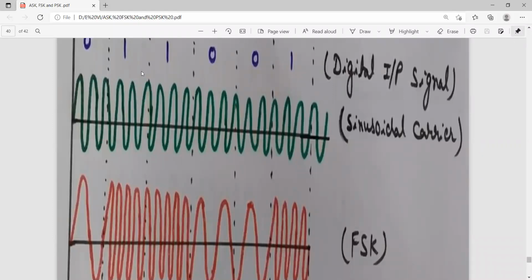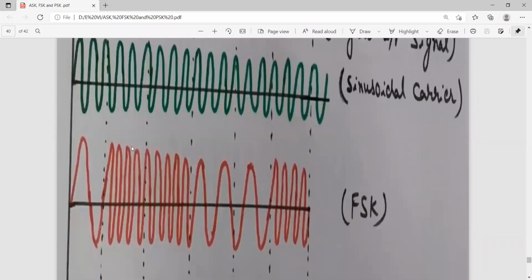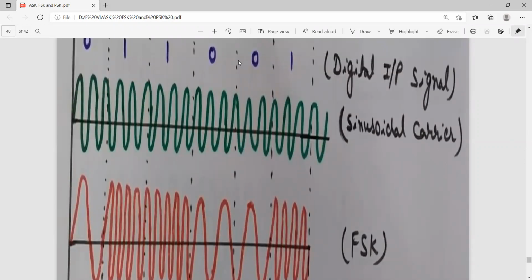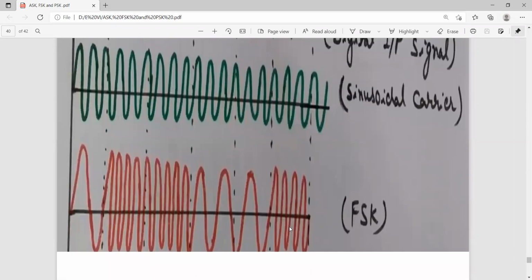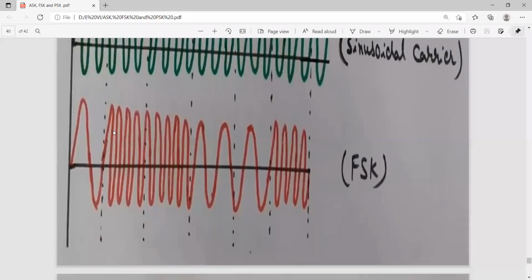For these two inputs, 1, 1, the frequency is higher in this region, 2 clock pulses. Then again, for these 2 clock pulses, it is very low. For this clock pulse, the bit value is 1, therefore the frequency is very high. So these two regions are very high, and this region is very high.